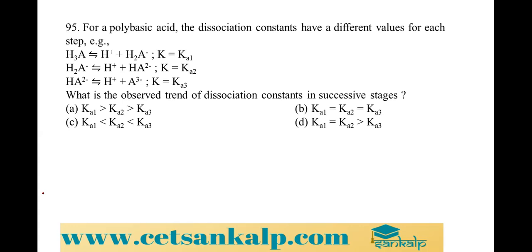What is the observed trend of dissociation constants in successive stages? The value of dissociation constant for successive stages decreases. So that's going to be option A only. It keeps decreasing as we go on, right? Next.